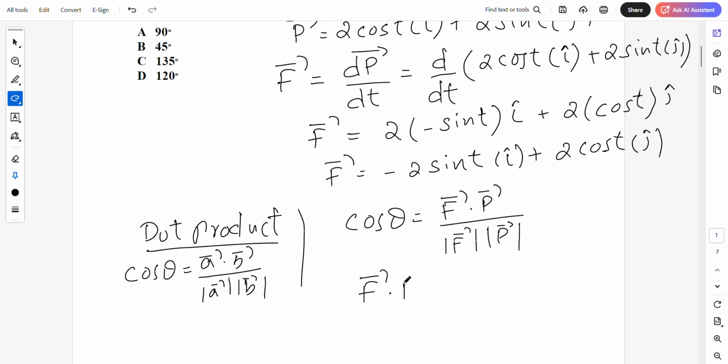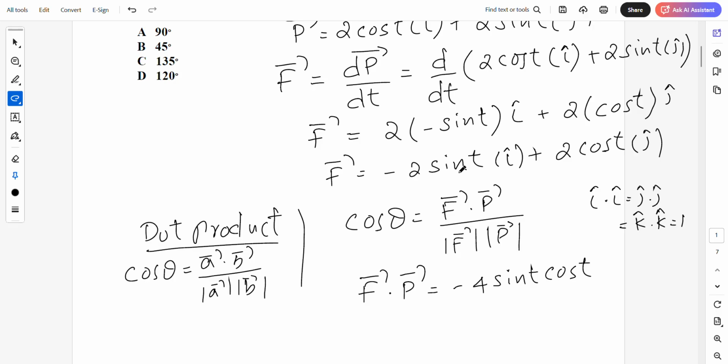Vector F dot vector P is given by, we know that i dot i is equal to j dot j is equal to k dot k is equal to 1. Therefore I will just multiply 2 into 2 is 4, that is minus 4 sin t cos t.